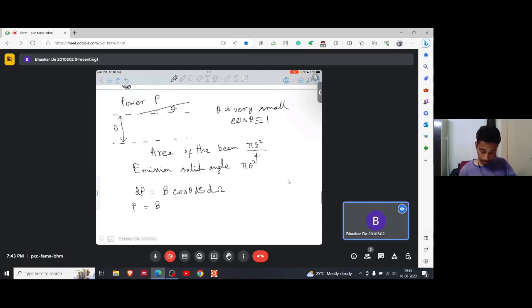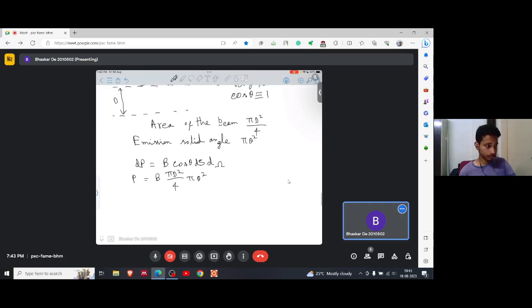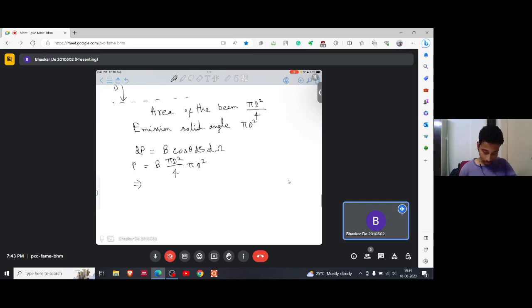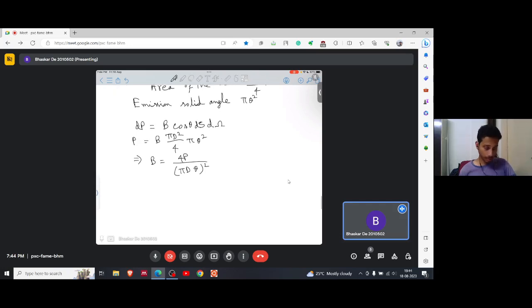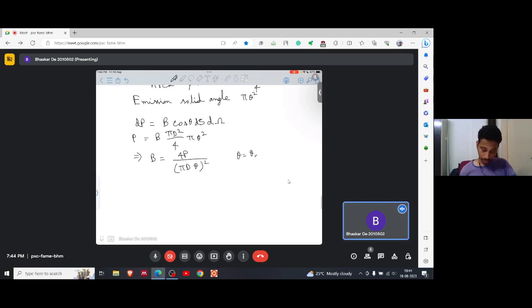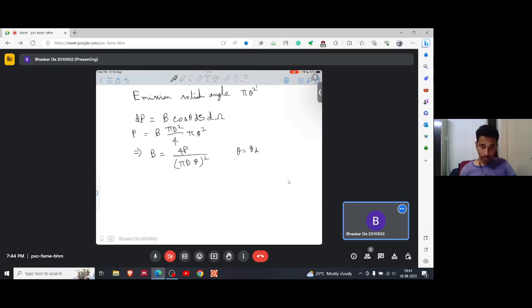The surface area of the beam is pi d square by 4, and d omega is pi theta square. So from that we will have B equal to 4P by (pi d theta) whole square. If the beam is diffraction limited, we will have theta equal to theta d, which is the lowest value of theta.